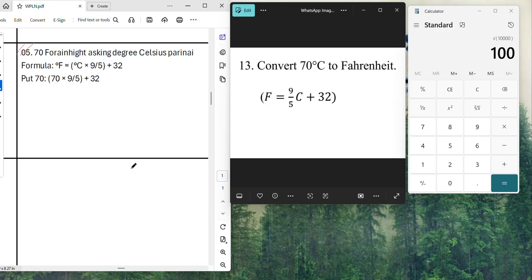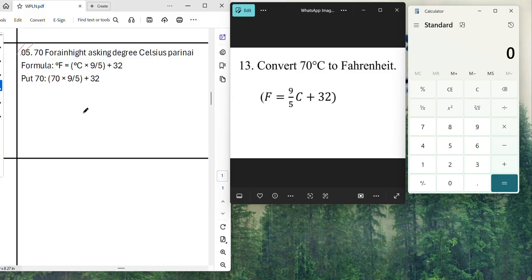Okay. So here they mention the formula: convert 70 degrees Celsius to Fahrenheit. So Fahrenheit equals 9 by 5 times degrees Celsius plus 32. So how to apply it here based on the math?